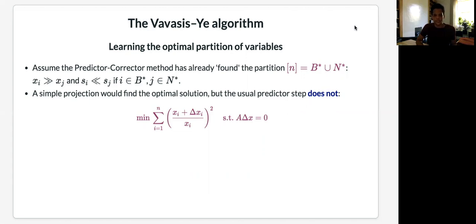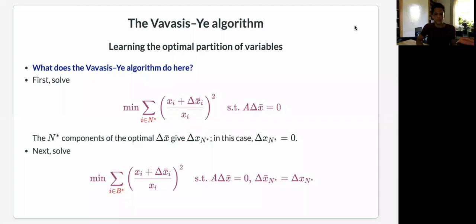The standard predictor step, so essentially this weighted least squares problem, is not going to set variables to 0, because minimum least squares problems don't correspond to essentially setting variables to 0. What they do instead is they solve the problem on the primal side for N star first, disregarding what happens on B star, of course subject to feasibility.